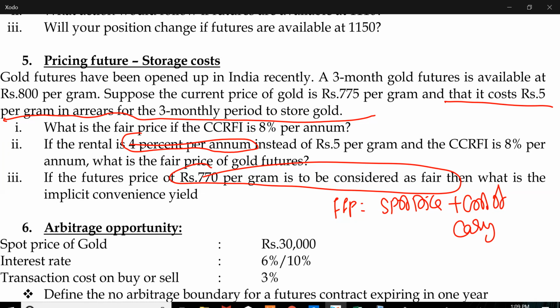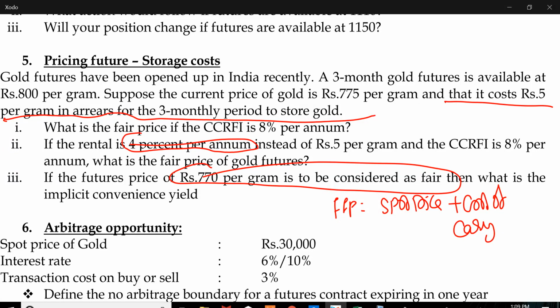So now write: implicit convenience yield equals computed FFP minus FFP given in the question.